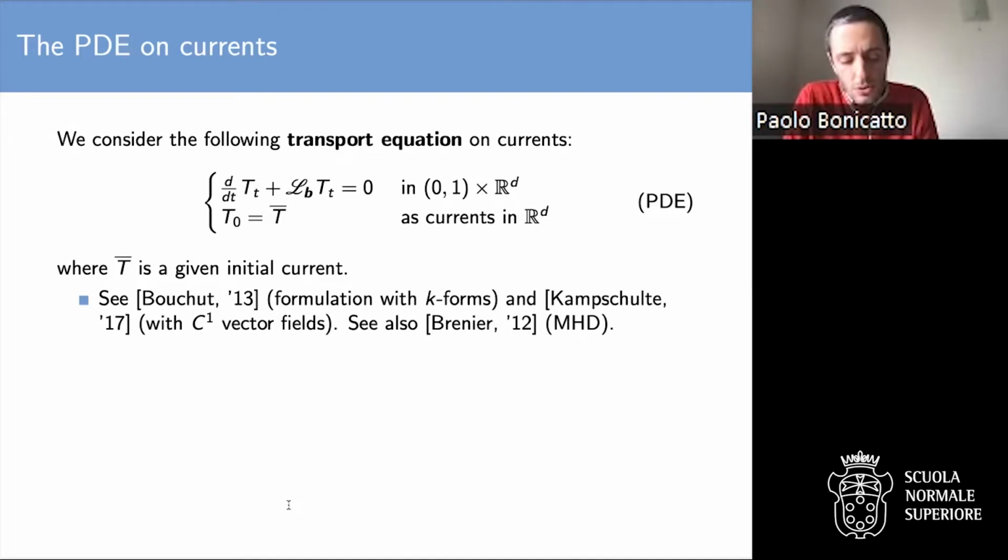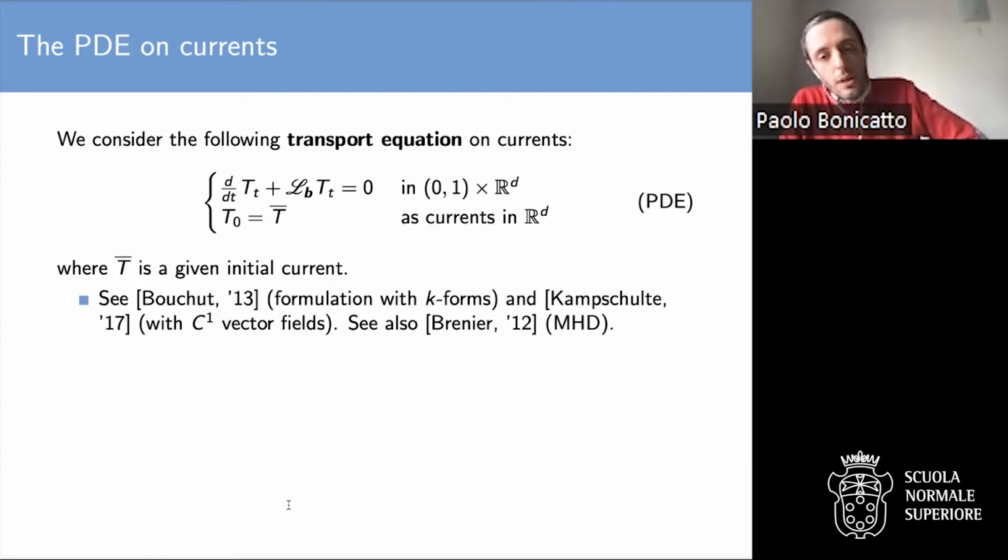It's also very close to some work by Yann Brenier, who's not working with this equation, but with its representation in coordinates, related to some models involving magnetohydrodynamics that Brenier was studying around 10 years ago.